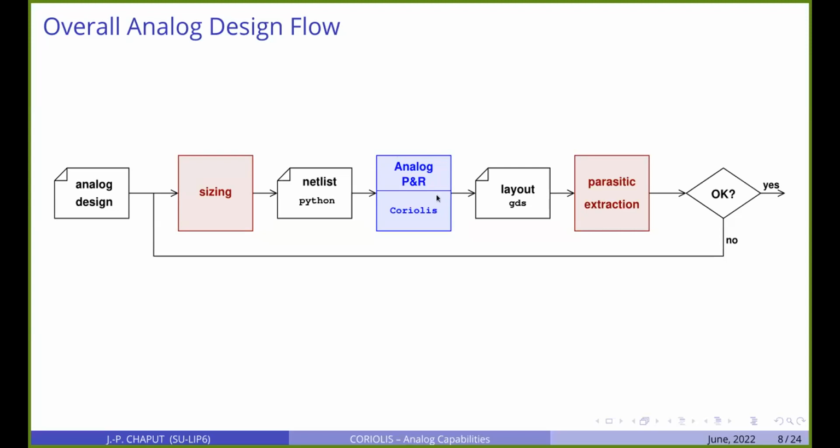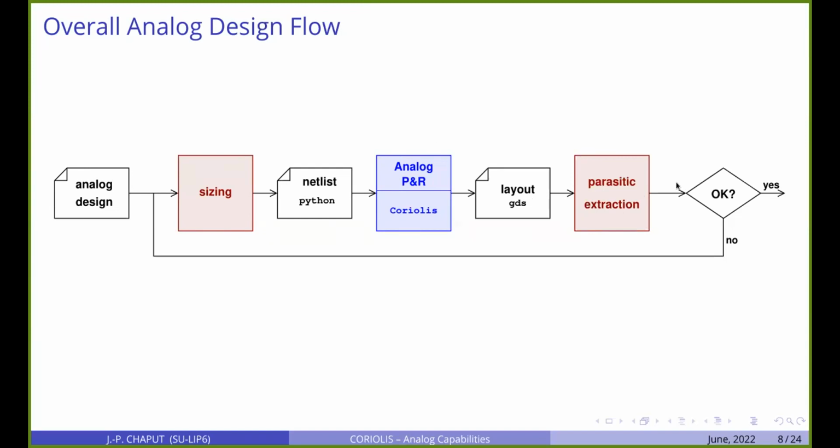Then you perform a place and route, which gives you a GDS file, a layout. And from that layout, you extract parasitics, because due to the placement, you have to take into account parasitics made by wires or folded transistors and a lot of things.